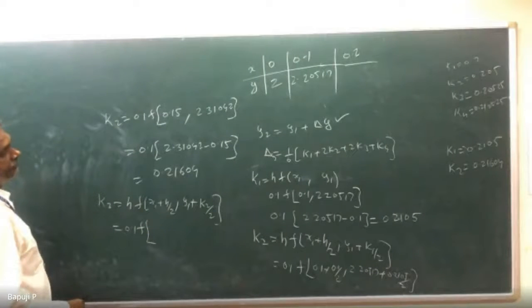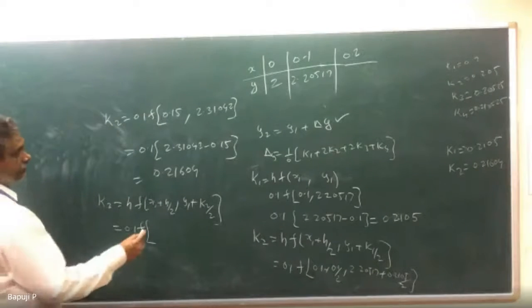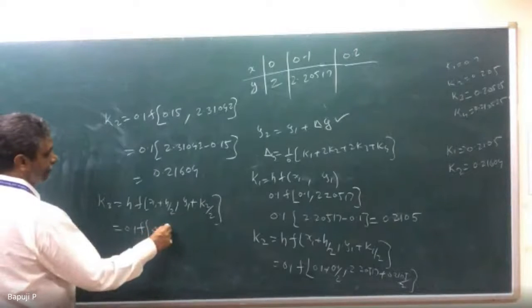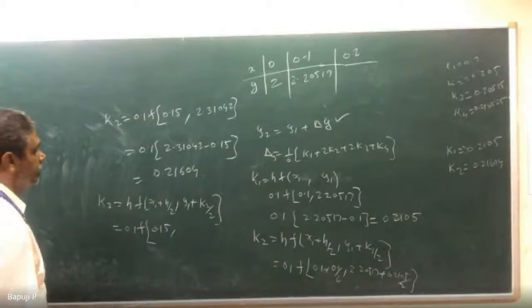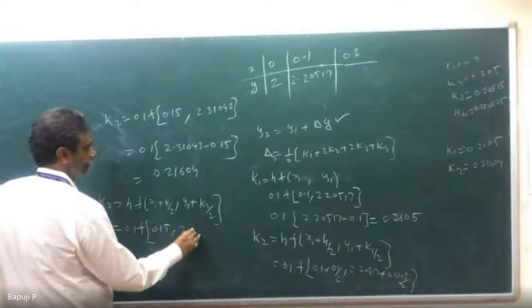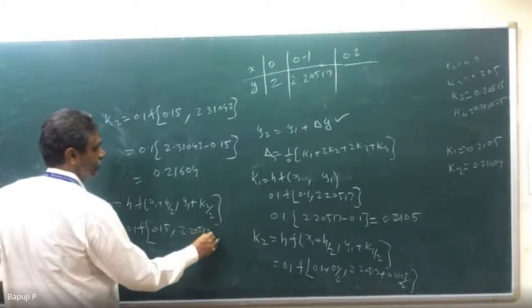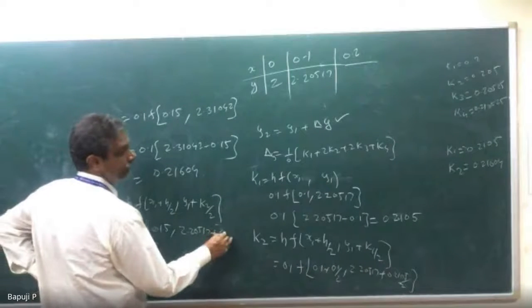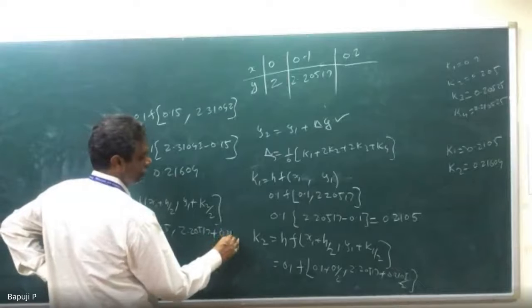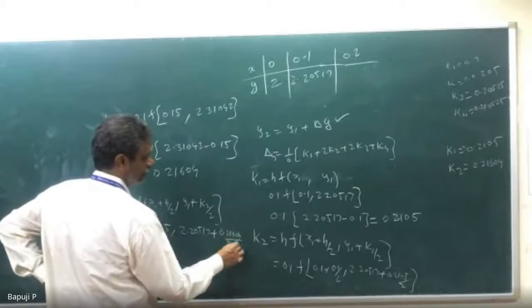I know x1 plus h by 2 already I got 0.15. Y1 is what? 2.2051 plus K2, now I got 0.21604 by 2.